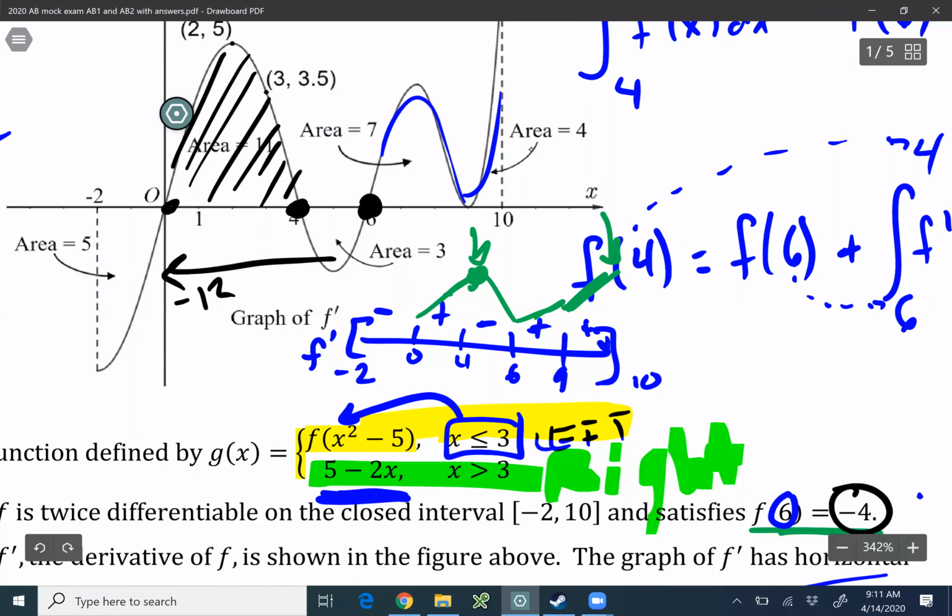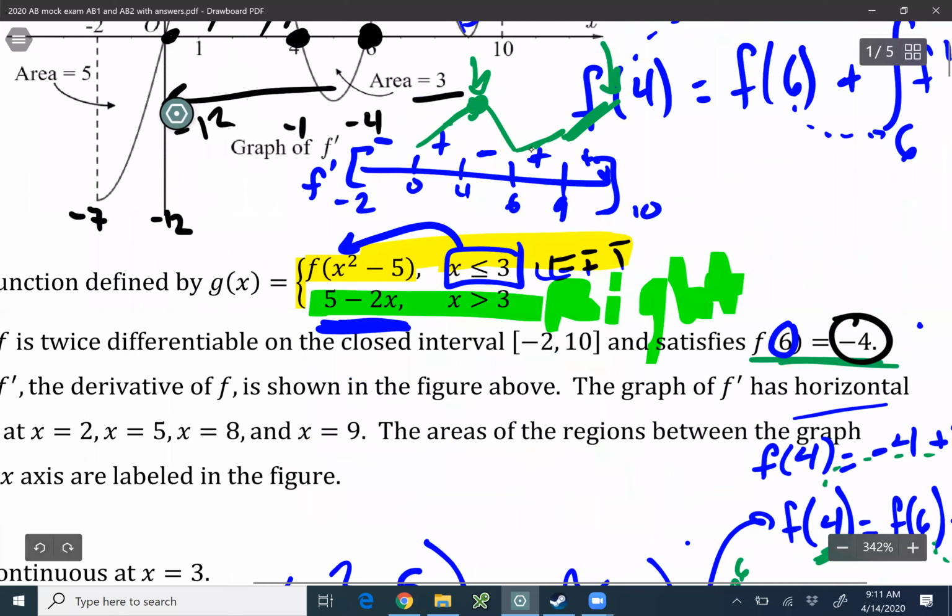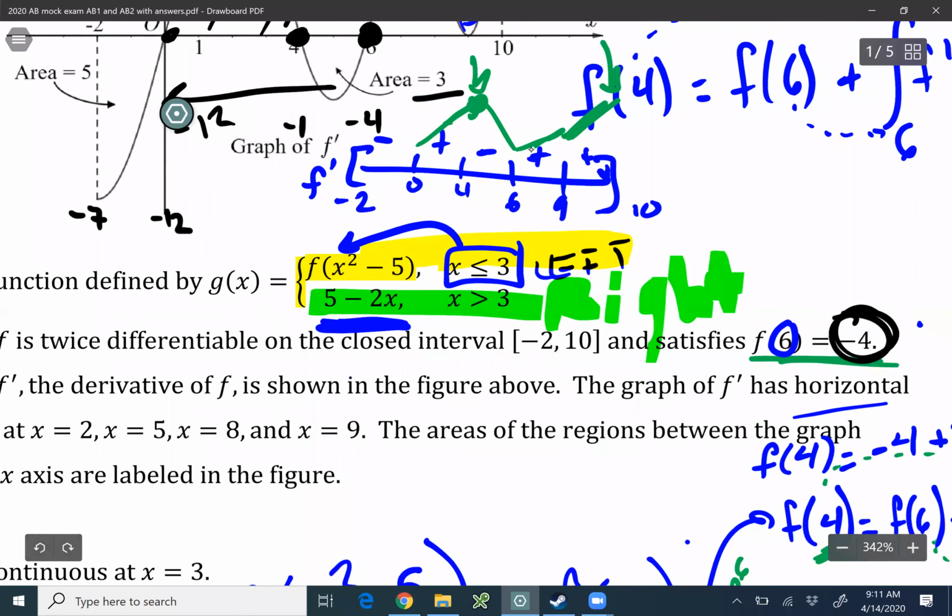So if I was thinking f of negative 2, we would start at negative 7. Then we got negative 12. Then we got negative 1. Now we have an area of 3, but because it's below the axis and we were going backwards, we had been adding it. Now we're going to subtract it. So negative 1 minus 3 is negative 4. Or you can just look and see, hey, f of 6 is actually negative 4.